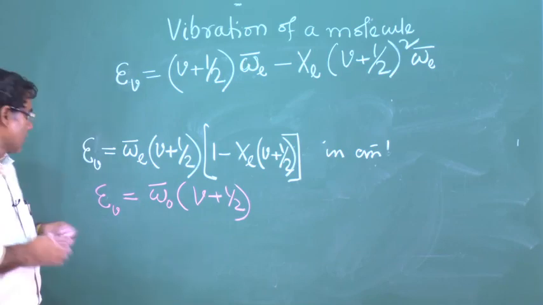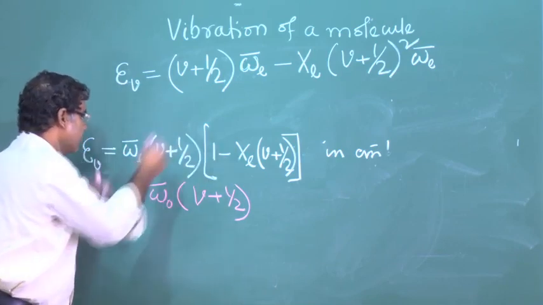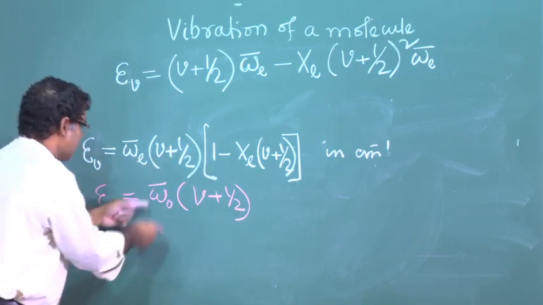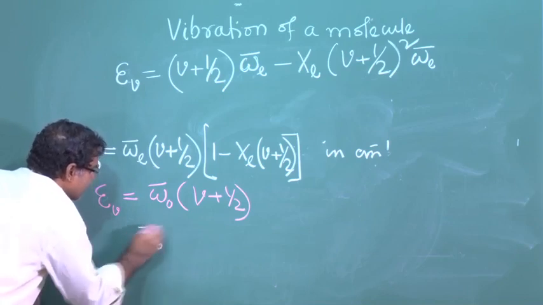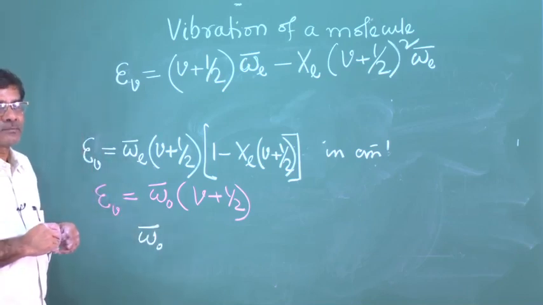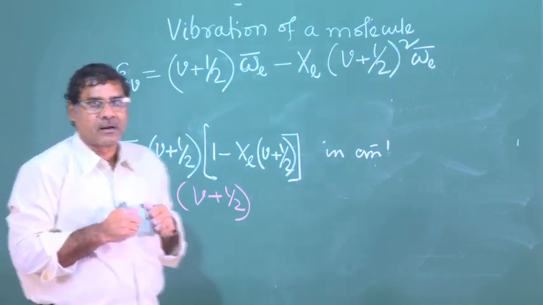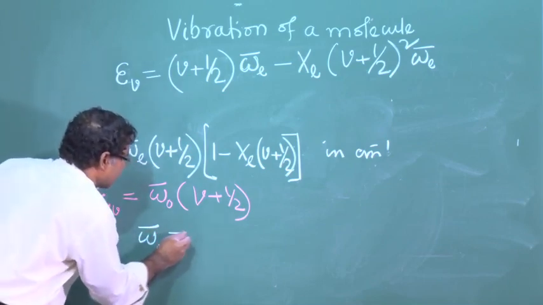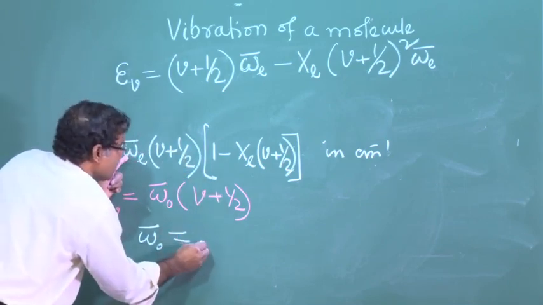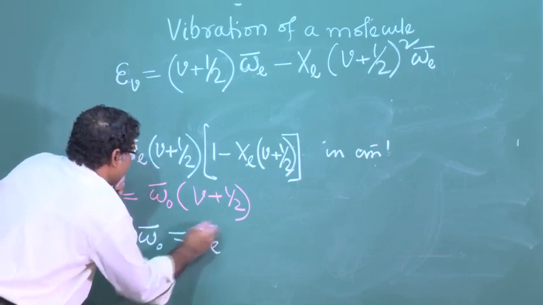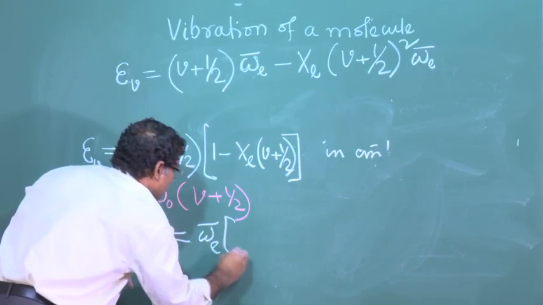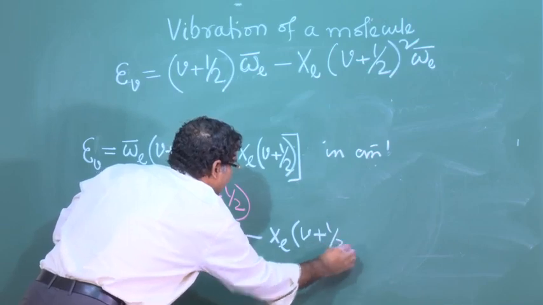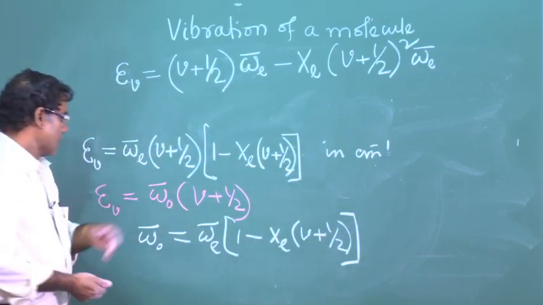Now if you compare these two, you can write the natural frequency of the harmonic oscillator, omega 0 bar, equal to omega e bar times 1 minus x_e times V plus half.